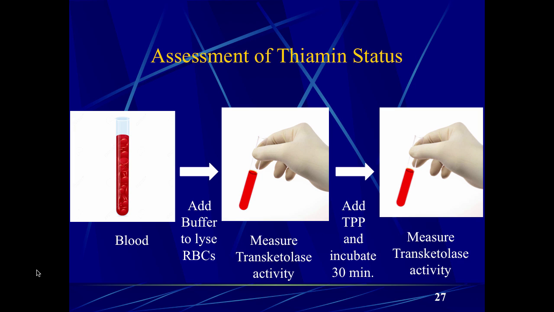Okay? So you obtain a blood sample. You add a buffer to lyse the red blood cells. Why do you do that? Because the transketolase is inside the red blood cells. So you open the red blood cells, then you measure transketolase activity.